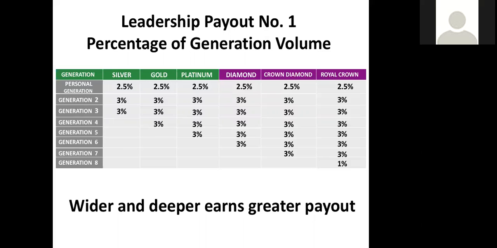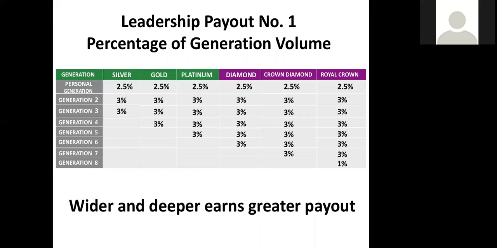And you, as a silver, would not qualify to be paid on that generation until you rank advanced to gold. And then at gold, you can see that you're paid 3 generations deep, but in order to be paid on a 4th generation deep, if you happen to have members that are building that far deep, you would have to rank advance to platinum, and so on and so forth.